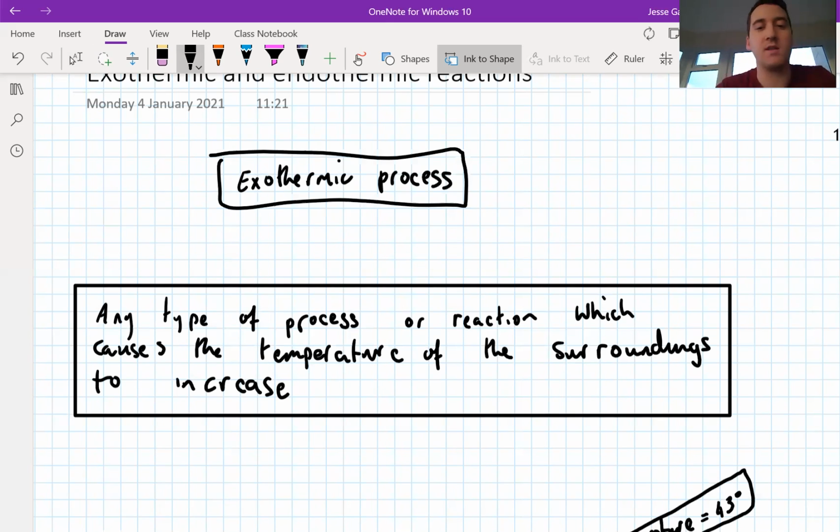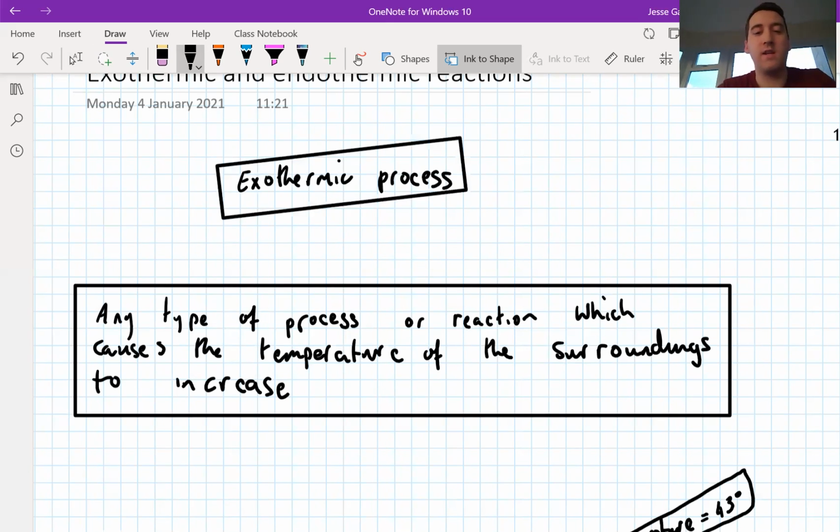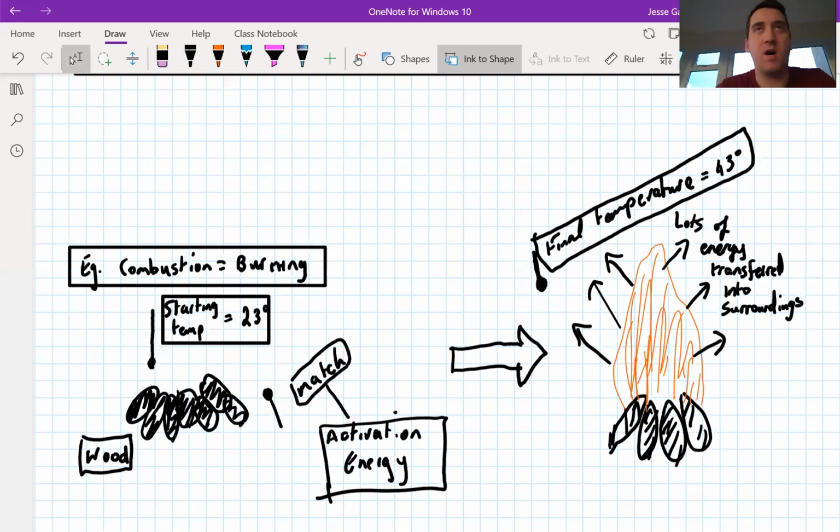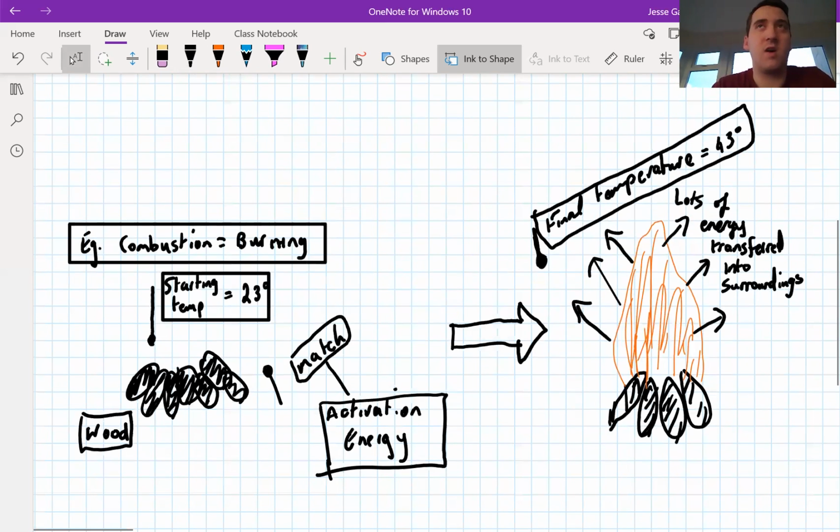Now, why do I say process or reaction? Well, this is a chemical reaction. There are chemicals, bonds are being broken, atoms are reforming into new products. But other things could also happen, processes like if I take an ice cube and I melt it.